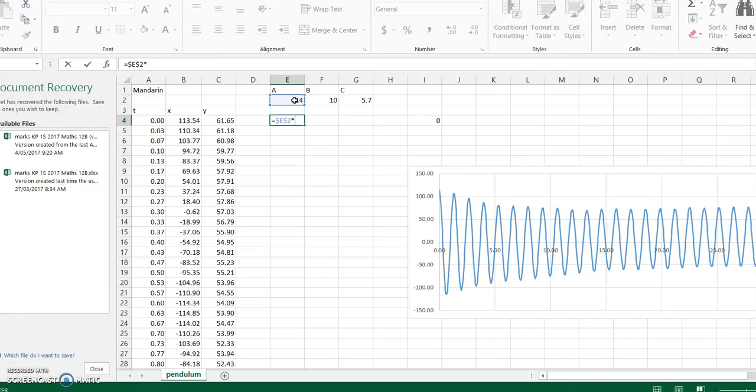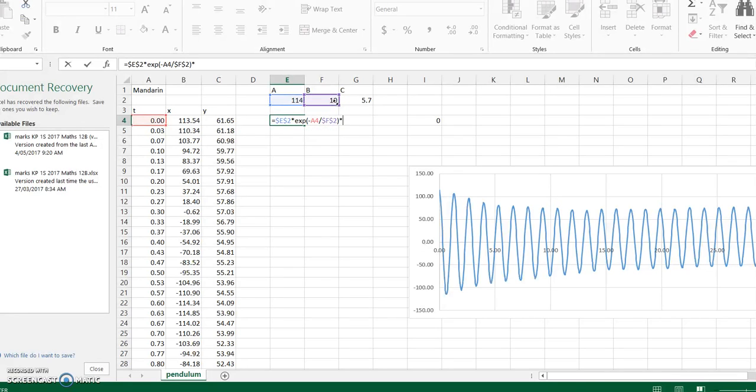A4 times exponent, that's how you do e to the power in Excel. Exponent, bracket, now this is going to be the negative of this in here, because it's a function of t, a function of the time, divided by my B, which again I need to hit F4 to get the dollar sign.